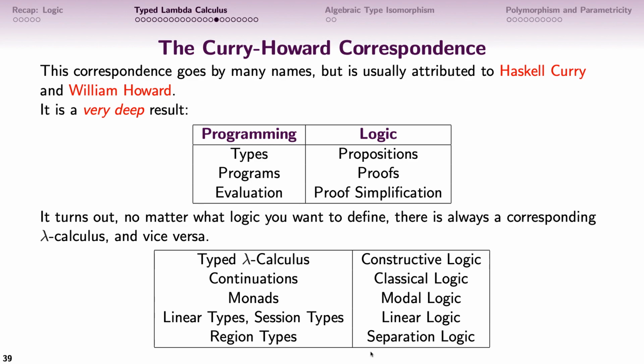Every programming language feature corresponds to some particular logical feature and vice versa. So there's a huge variety of results that have been independently discovered by a logician and a computer scientist, and then years later, sometimes not so long afterwards, they discover that these two things are in fact the same.